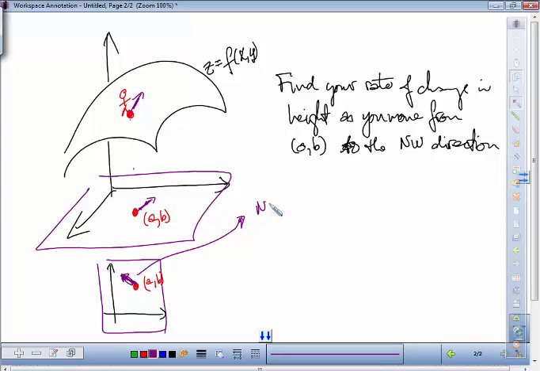So the northwest direction can be given by maybe u is equal to, I don't know, what's northwest? Negative root 2 over 2, comma root 2 over 2.